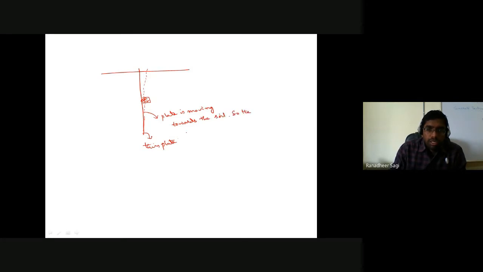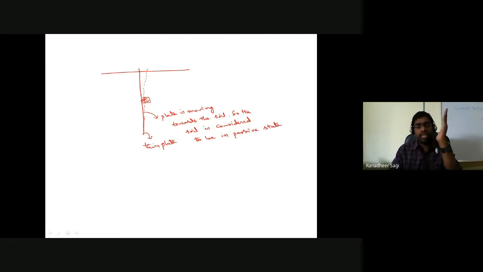So the soil element that you have considered is said to be in what is called the passive state. And as more and more the retaining structure moves towards the soil, at some point of time, the soil in which the passive earth pressure is developed would certainly undergo failure.